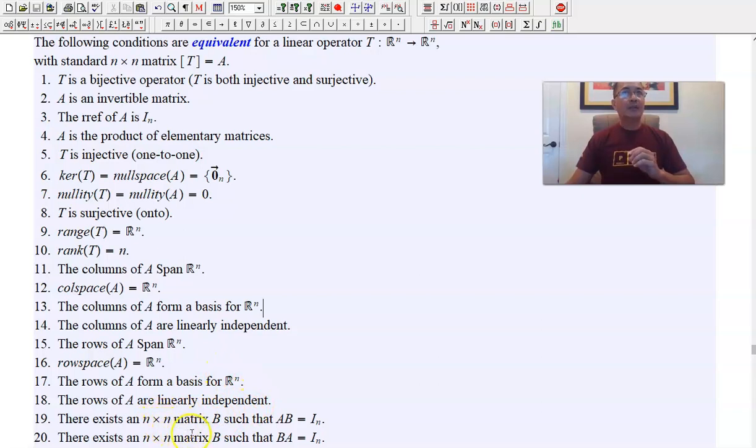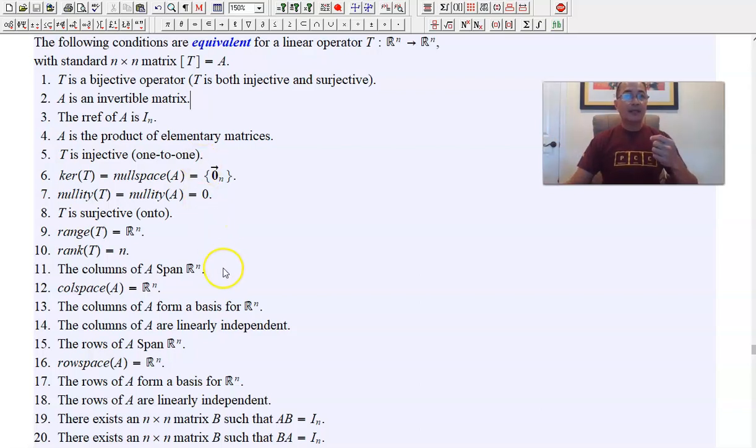Okay, so now let's talk about the inverse matrix. Recall that if you have an invertible matrix, the matrix B, which is the inverse of A, has to satisfy 2 equations. A times B has to be the identity, but also B times A has to be the identity. I hope you remember, we had a 2-for-1 theorem there.